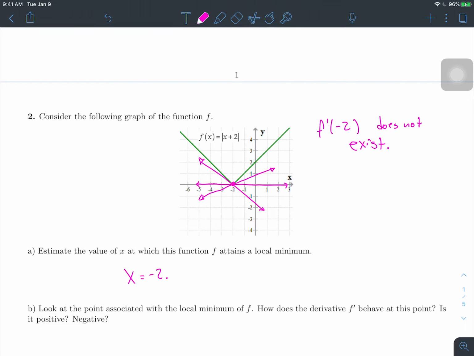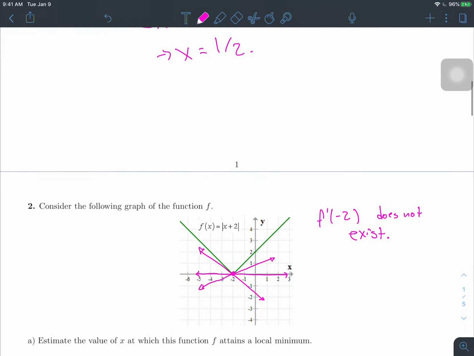So I think it would be good if we could have taken a few more days to talk about what it means for the derivative of a function to exist. But I'll give you the short version, which is basically if our graph is either discontinuous or sort of pointy like this, that's going to be when our derivative doesn't exist. So if our function looks like a step function like this, for example, we say the derivative does not exist at this point x.